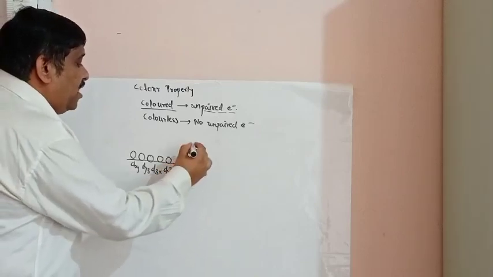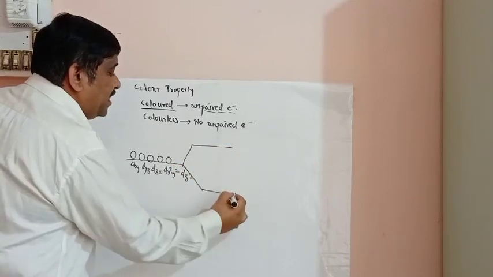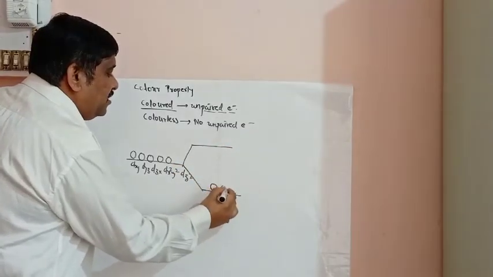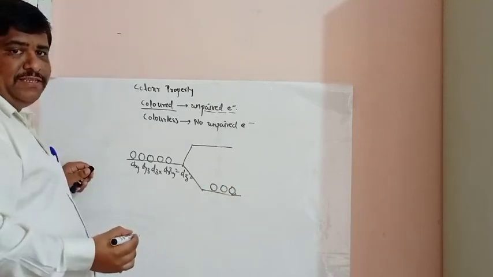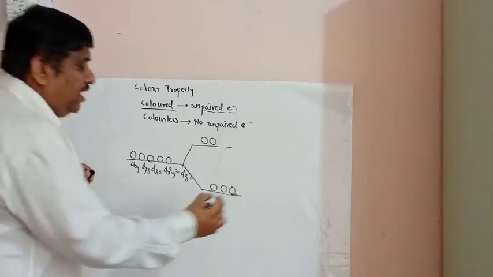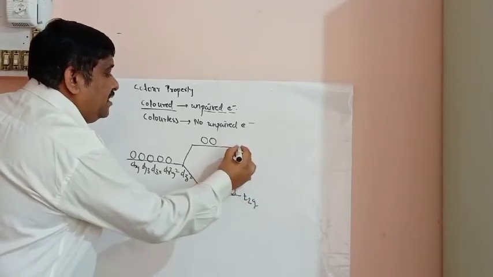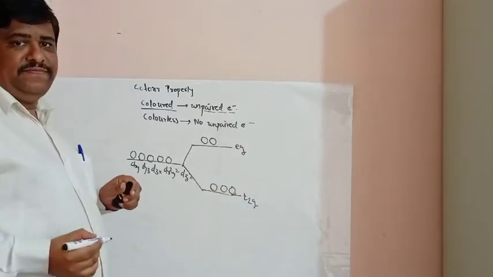These are separated into two sets: one set of 3 orbitals and another set of 2 orbitals. This is called the T2G set and this is called the EG set.